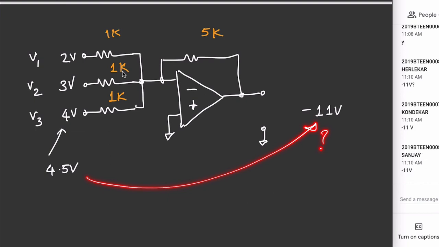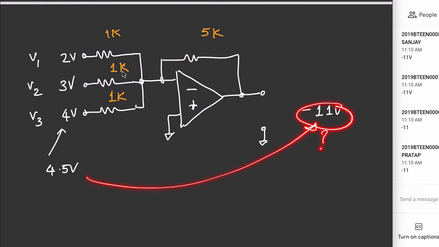Yes, it's only minus 11 volt because it cannot go beyond that. You are all right. It means the output will get stuck at minus 11. The op amp will start working as a battery. I repeat this: the op amp will start working as a battery rather than working as an amplifier.